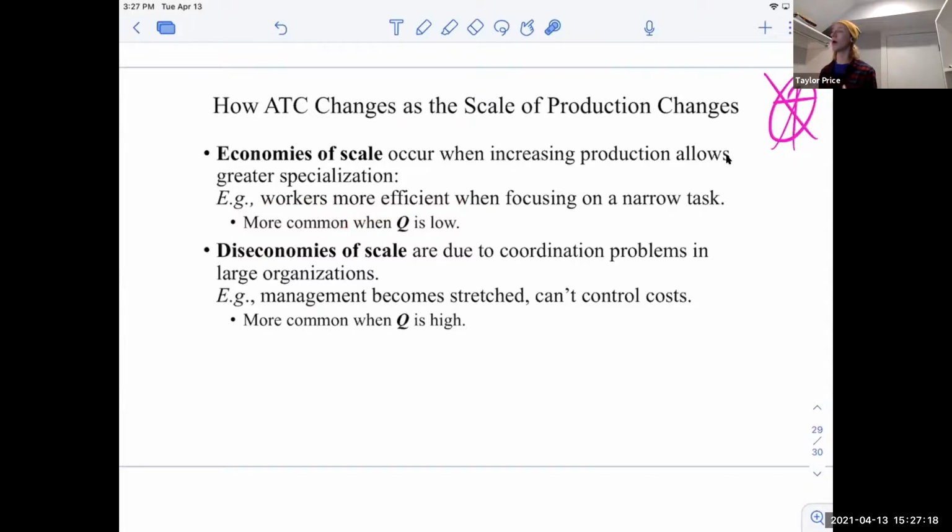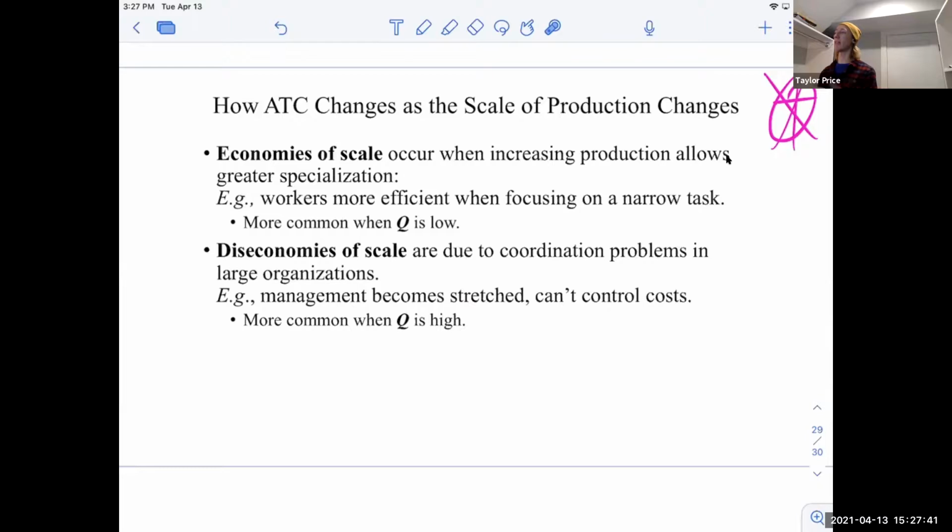So then we have diseconomies of scale. You can think of this as a coordination problem. In a really, really large organization, frequently what happens is it's so large that the company's management can't fully understand what is happening at the lowest level.